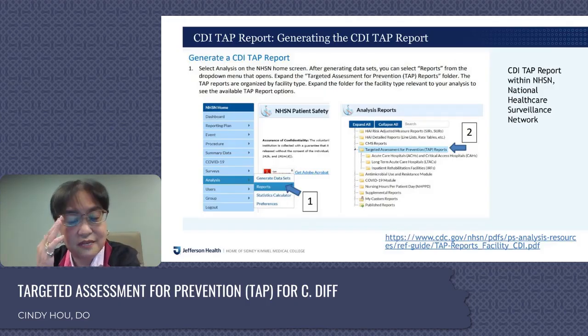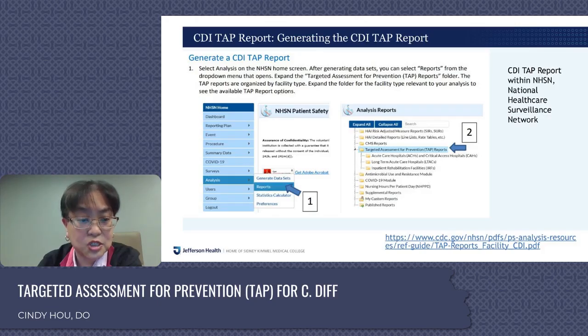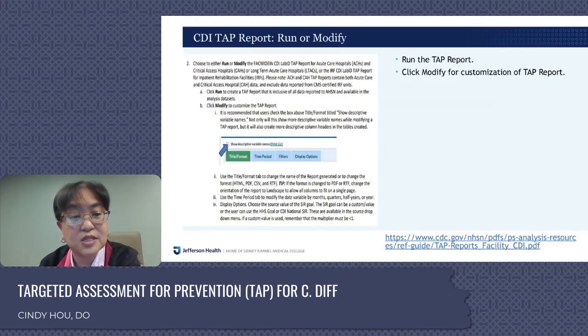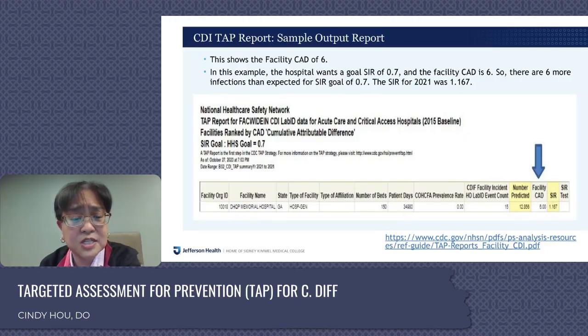And as I said, this is very technical, but I just wanted to have screenshots and then tell you what it entails. So when you go into NHSN, you can generate what's called a CDI TAP report. And it just shows you screenshots. I said you can go to the YouTube videos to see the technicalities, and then you run a report, and then you can modify at different levels. Lastly, the meaty part of this is it generates a sample output report.